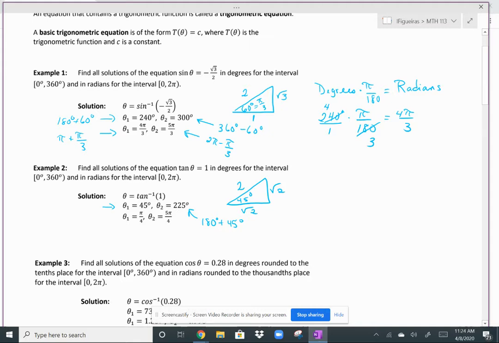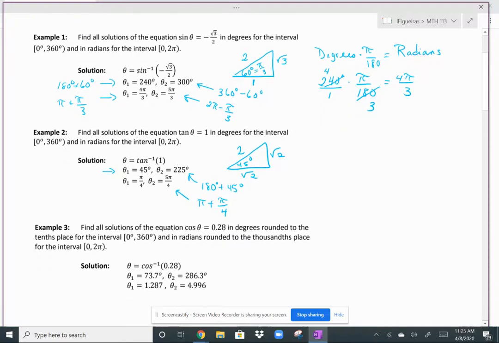You might have memorized this already, or you can multiply 45 by pi over 180 as we did above. You get pi over 4. Similarly, you can find the other value by doing pi plus pi over 4, and you get that the other radian value is 5 pi over 4.